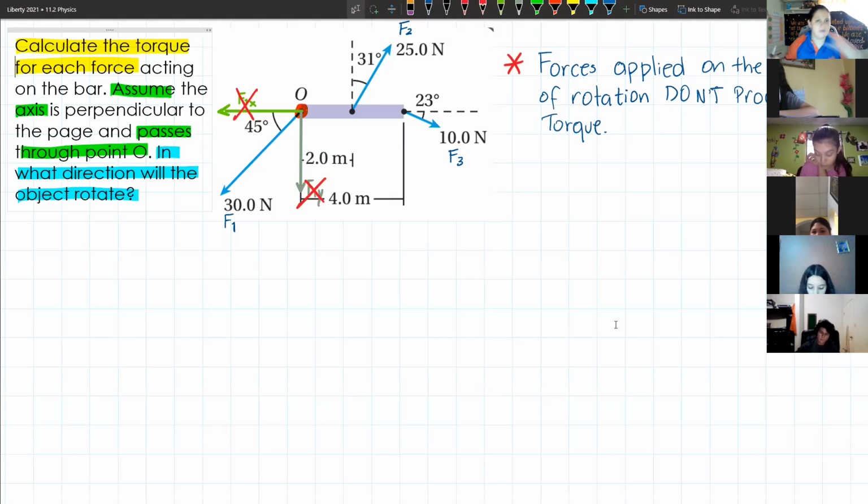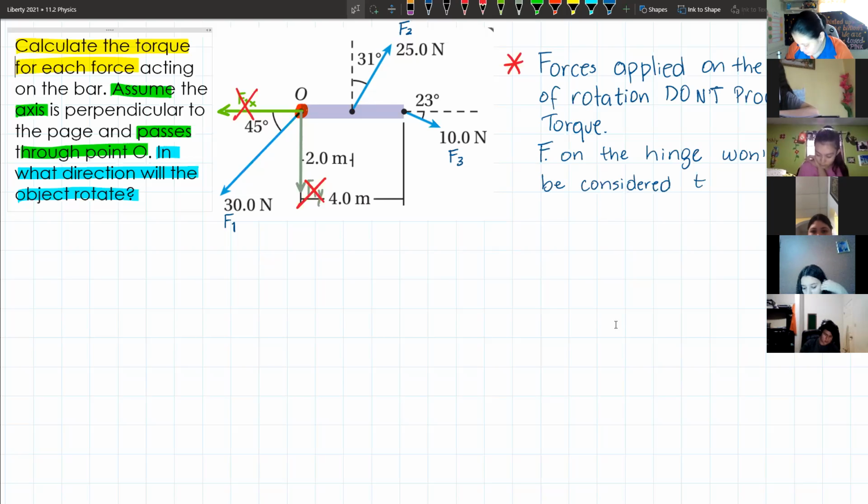You saw that, okay? That neither one way or the other, the object was not rotating. So, in other words, you can also say that forces on the axis or on the hinge won't be considered to get that torque.